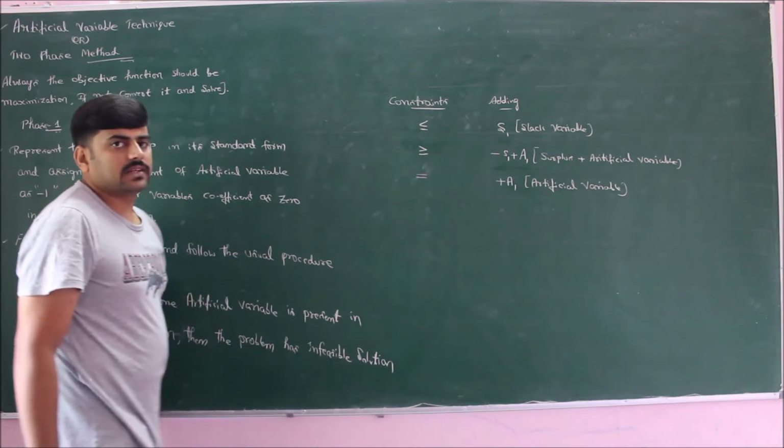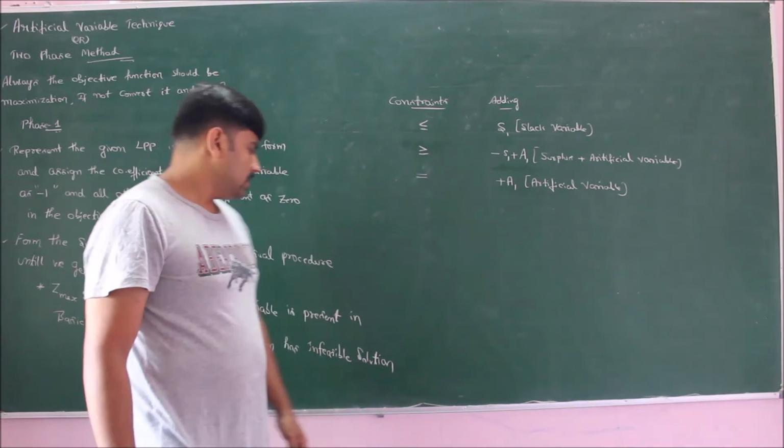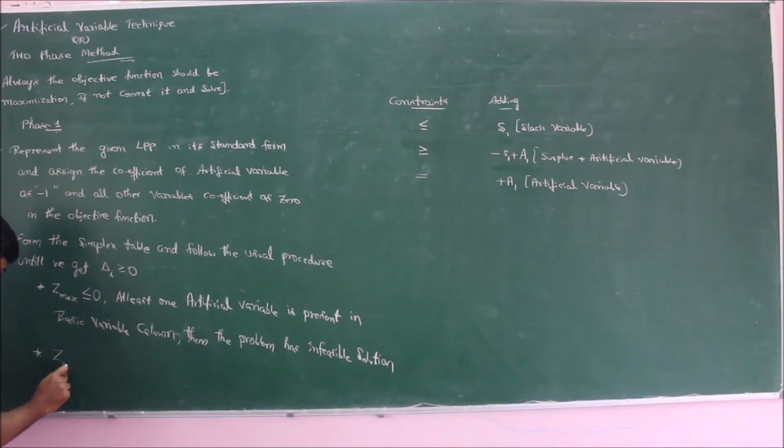What I mean to say is that we cannot find the solution for this problem. Next, moving on to the next condition, that is the Zmax in the last table where all the delta I values are greater than or equal to 0.